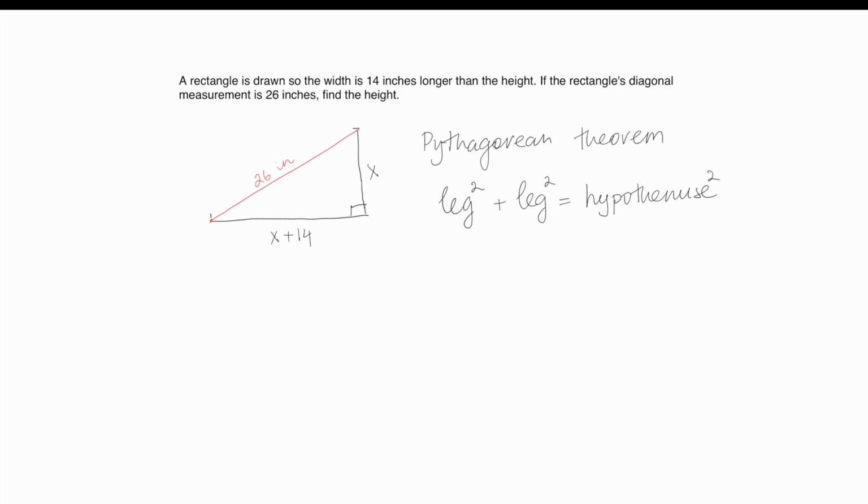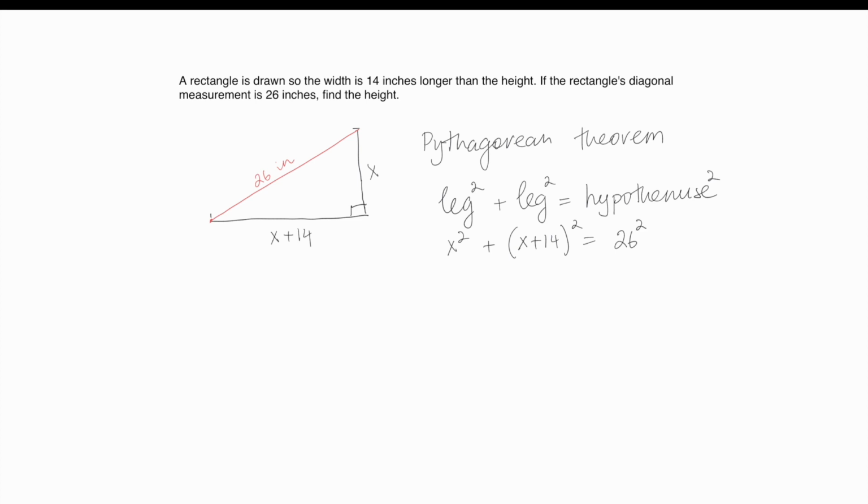Now my first leg is x, so I will replace this leg with x and square it. The second leg is x plus 14, so I will do the same thing: replace the second leg with x plus 14 and square it. And then the hypotenuse is 26, and the equation also tells me to square it.